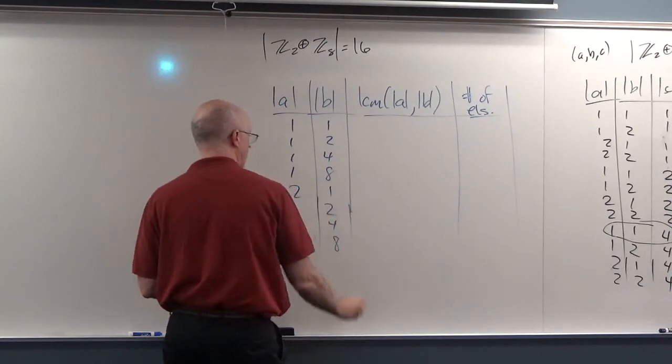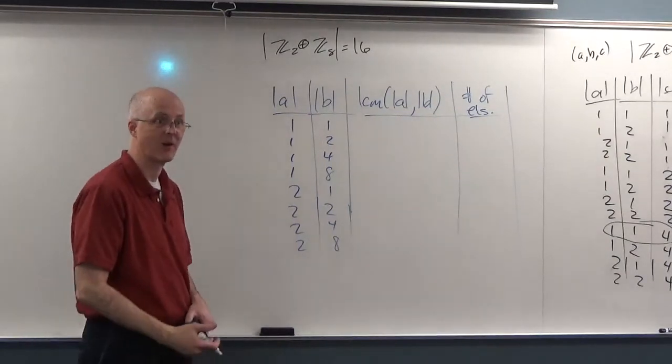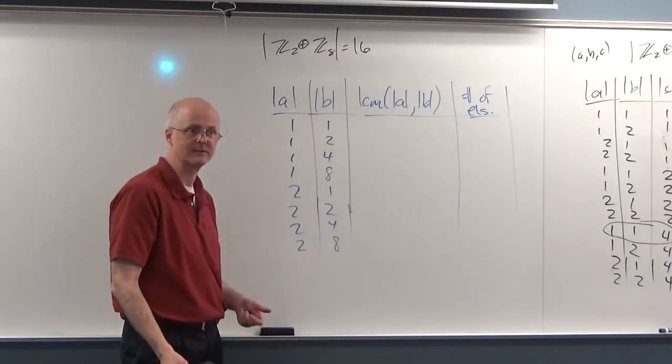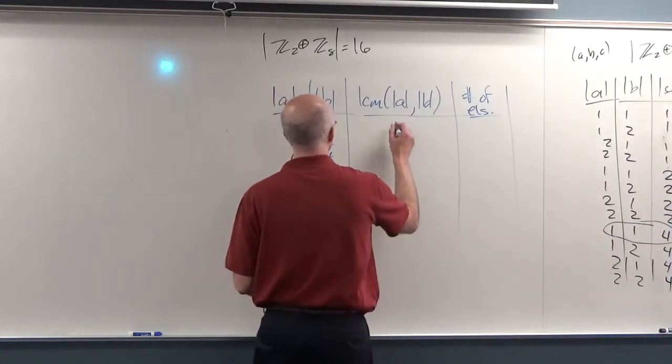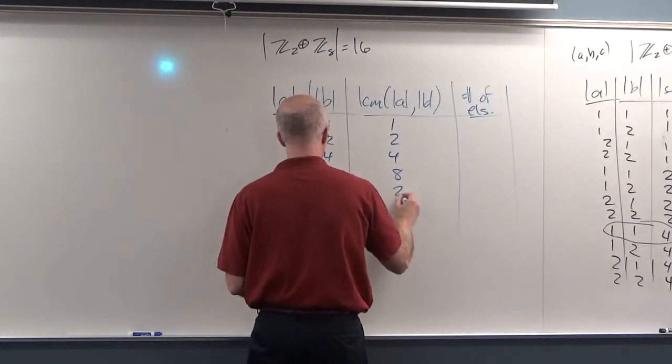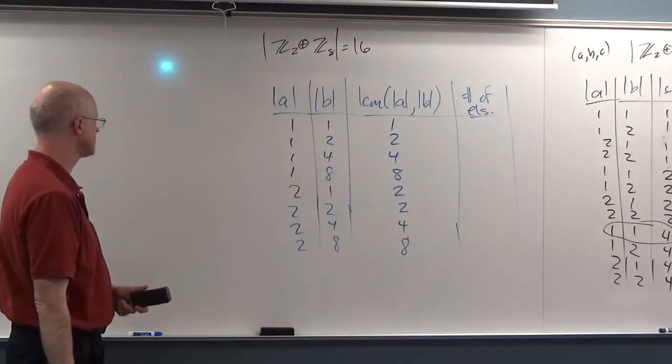This one's maybe a little bit more interesting, because when you have order 8, there are 4 generators of cyclic subgroups of order 8. Those are the LCMs.